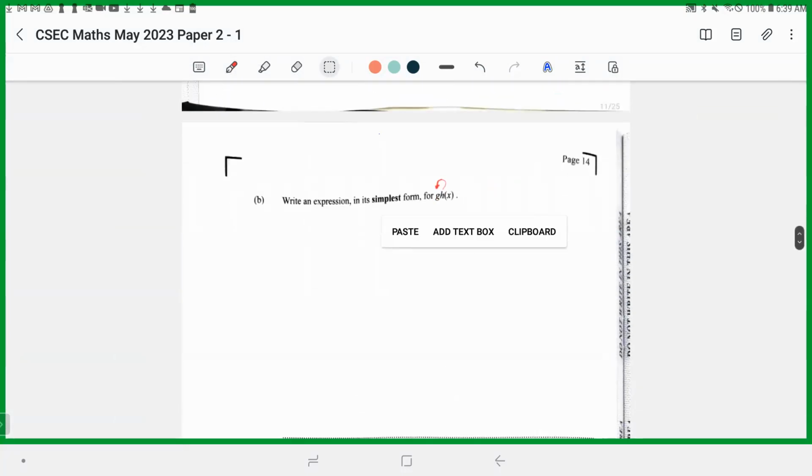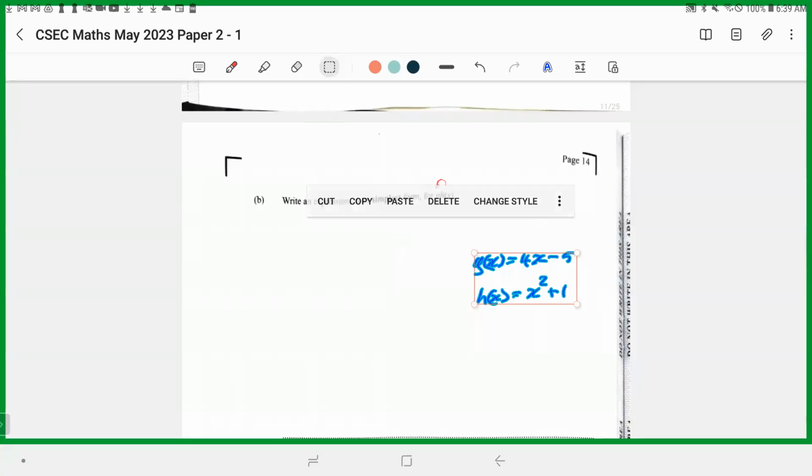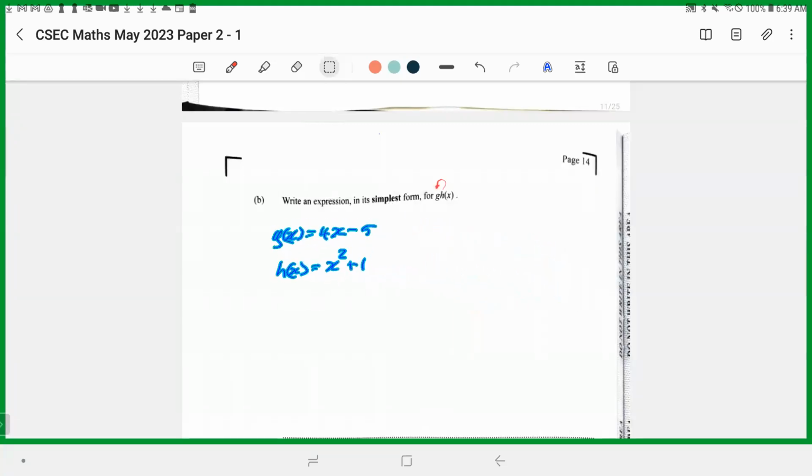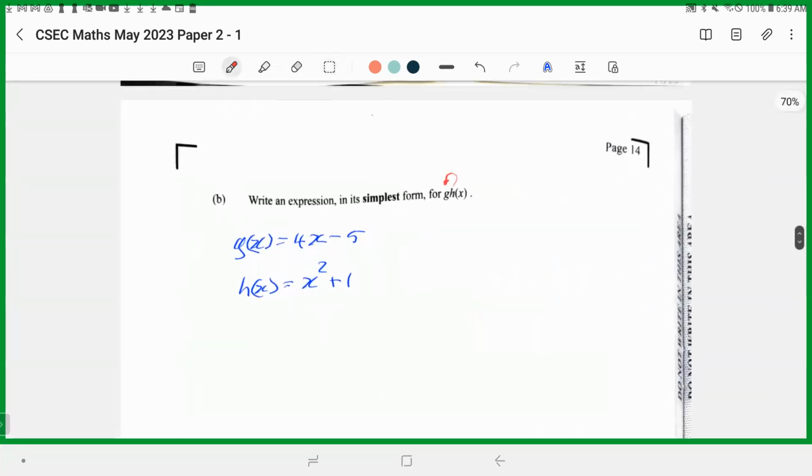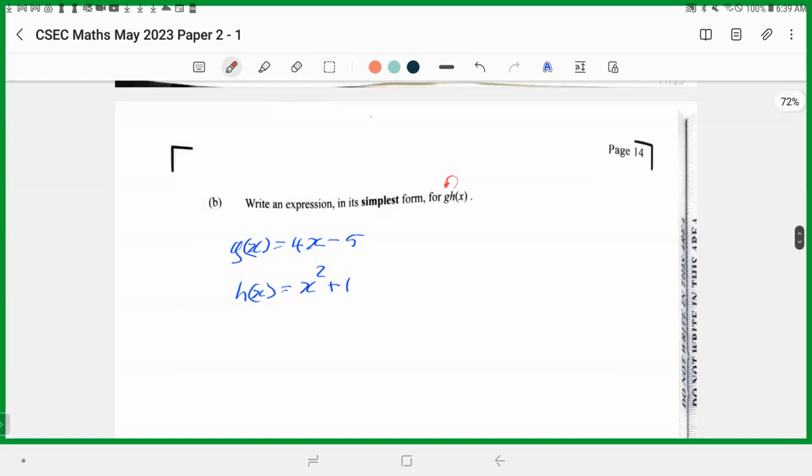We can fast paste. So these are the two functions. We're trying to put the h into the g. So when you put the h into the g, this is a whole h. All right, you're going to bring it and drop it into the g where the x is. That's why you form the g of h.